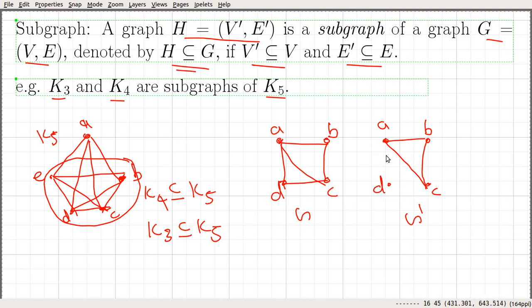The vertex set is a subset of the vertex set of this graph, and for the edge set, AB is in this graph, BC is in this graph, and AC is also in that graph. Because of that reason, G dash is a subgraph of G.